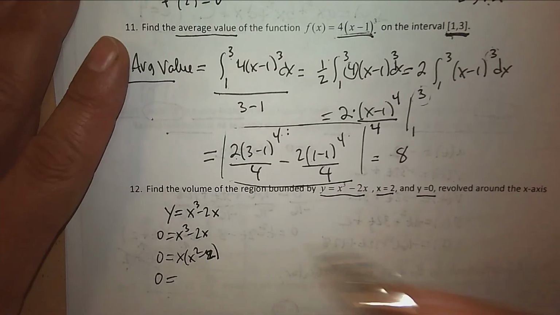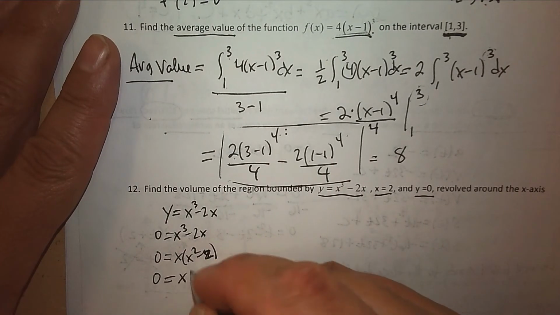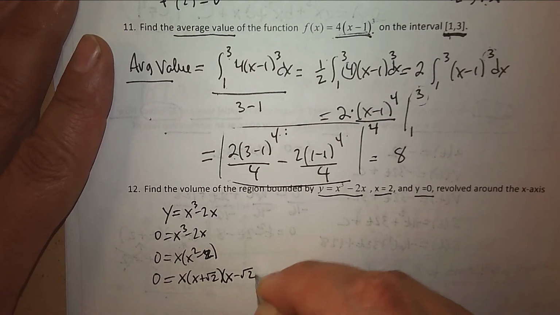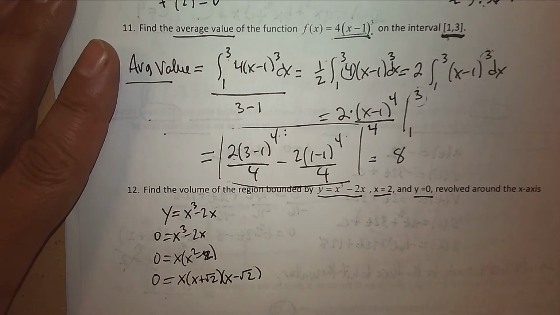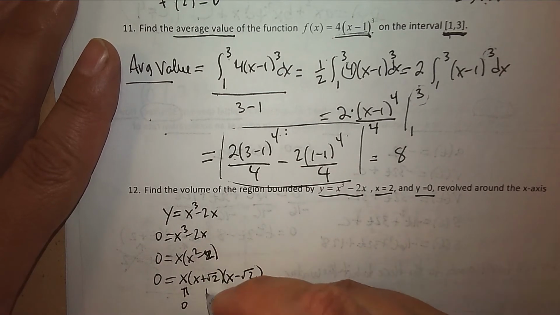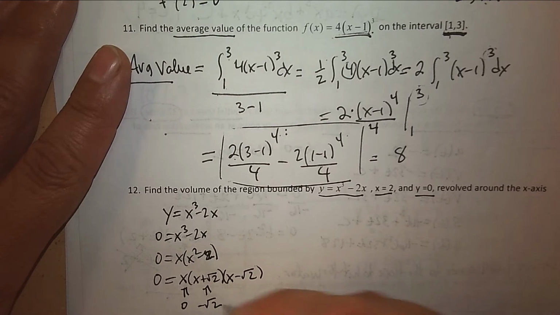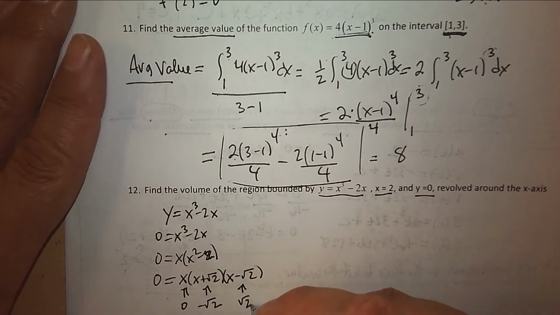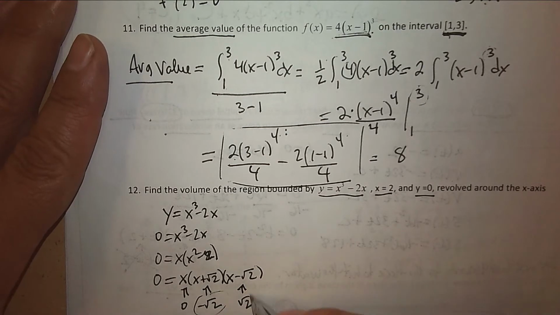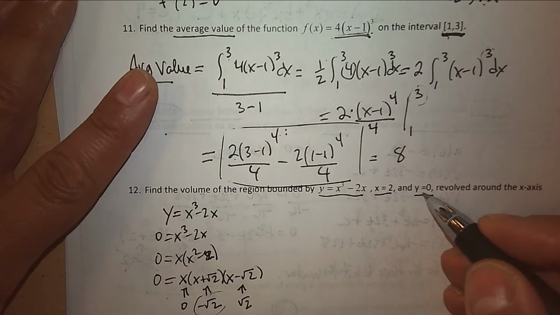Yeah. So I recognize that I got x plus root 2 and x minus root 2. Let's see if that would help me at all. So I have 0, negative root 2, and positive root 2. I don't think I'm going to have to use the square roots because of the other bounds.